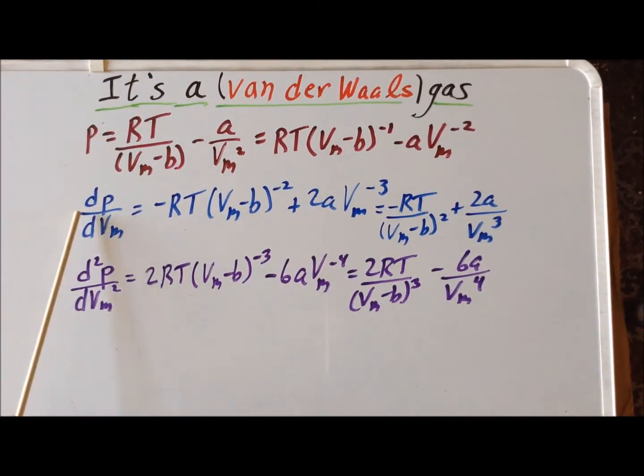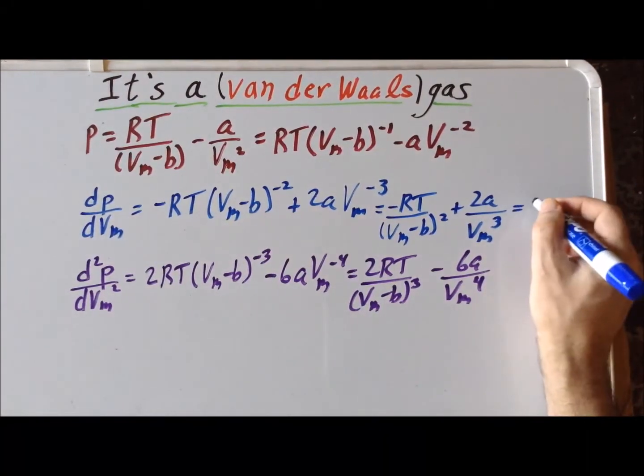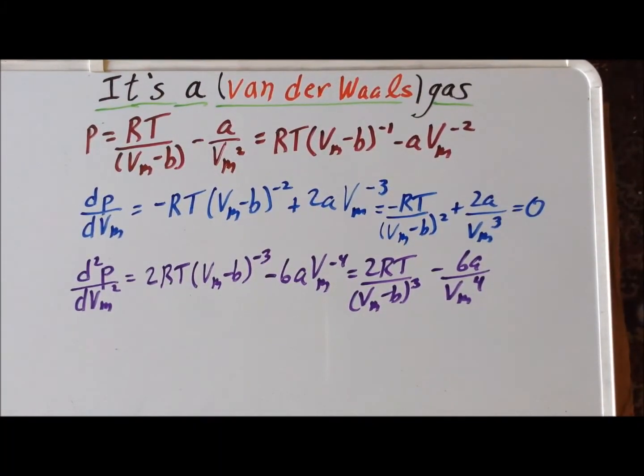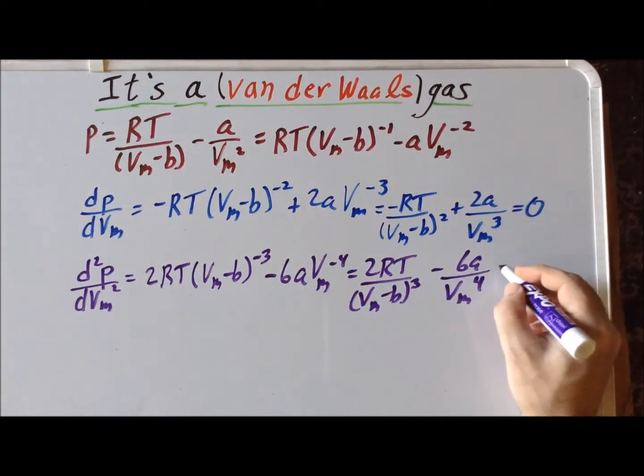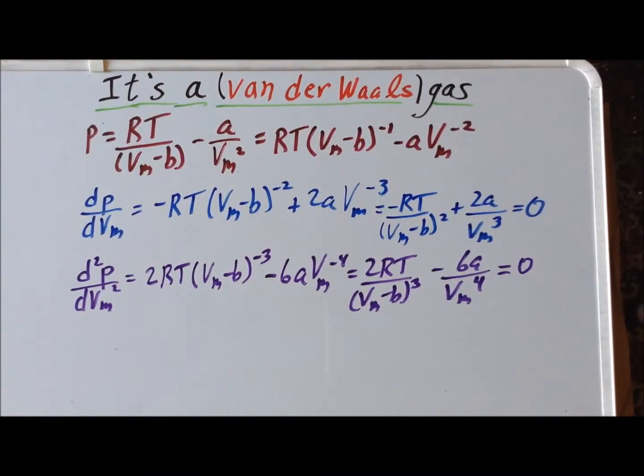The expressions for the first and second derivative are true under any circumstances, and at the critical point, we know that the first derivative is equal to 0, and the second derivative is equal to 0. A trick that we will use now is to rearrange each of the expressions, the equation in blue and the equation in purple, in terms of RT, which will simplify the algebra tremendously.